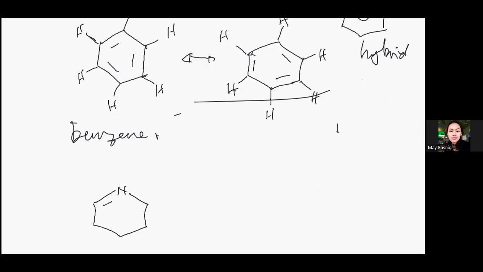So you have double, single, double, single, double bond. Each carbon has 3 bonds, and the 4th bond is of course the hydrogen. For nitrogen, it has 3 bonds, and to follow the octet it has a lone pair. And this one is your pyridine.